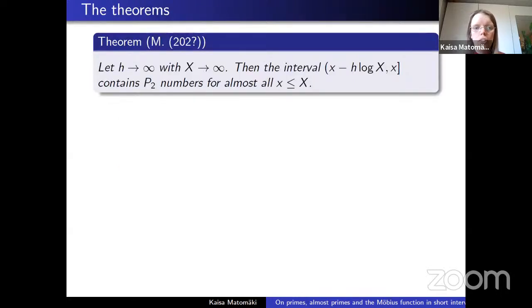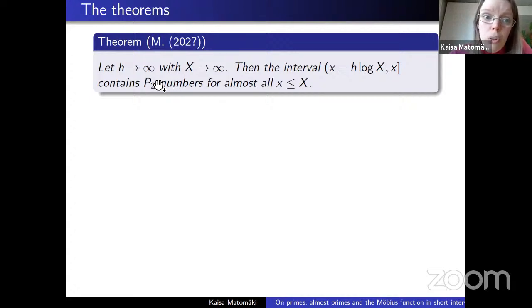Okay, so let's now return once more to the theorems. The theorem concerning P2 numbers said that for almost all x, the interval of length h log x contains P2 numbers.